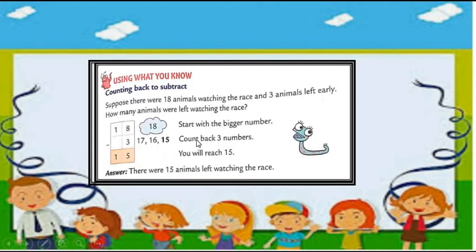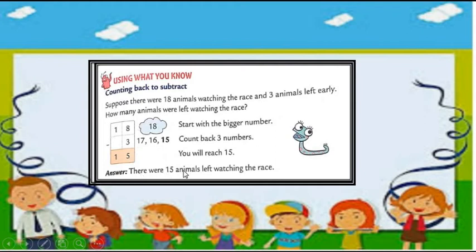Do you remember I told you before, whenever we make backward counting, we have to count the before numbers. So here we count 3 numbers before 18, which are 17, 16 and 15. You will reach 15. So it will be the answer.